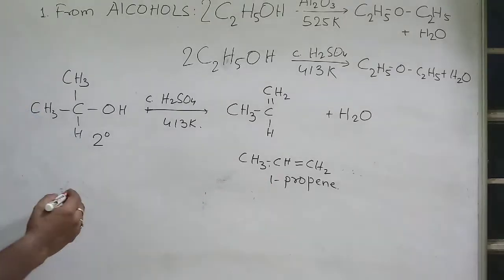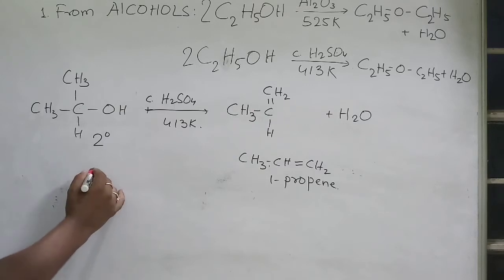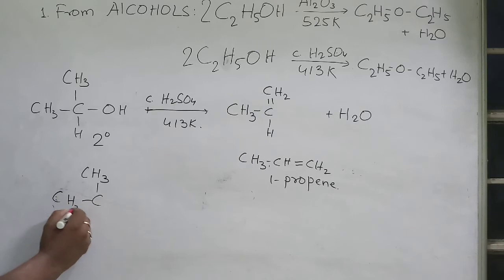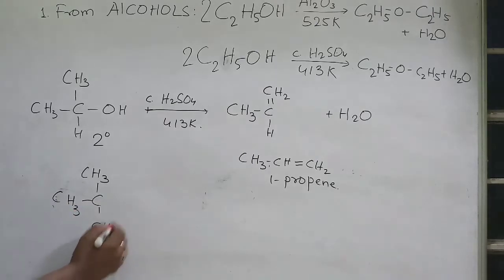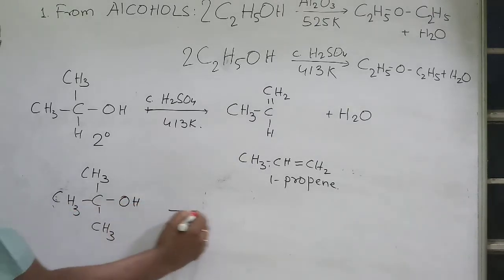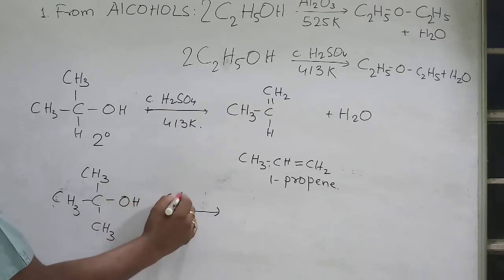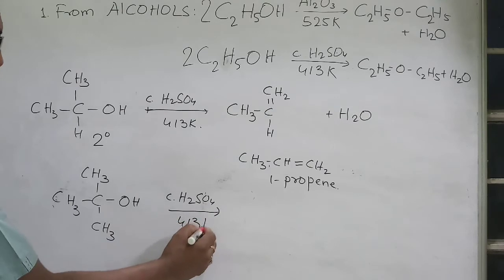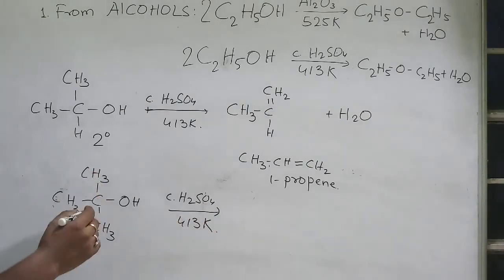If we go with the tertiary alcohol, say this is a tertiary alcohol, and we allow concentrated sulfuric acid to pass through it at a temperature of 413 Kelvin, what happens?